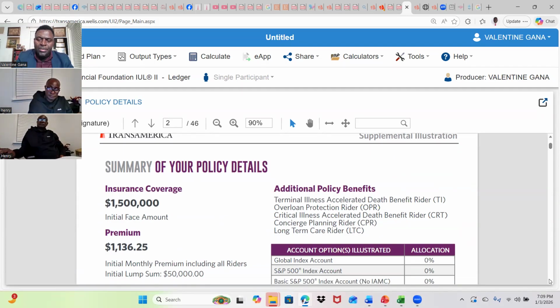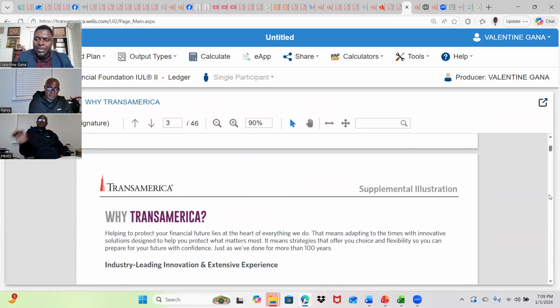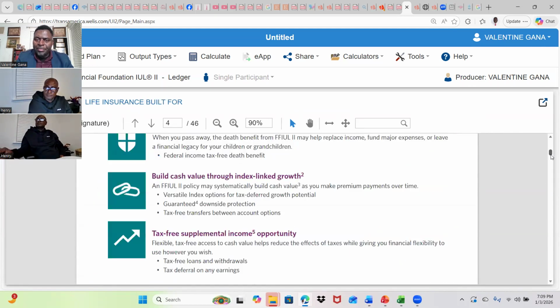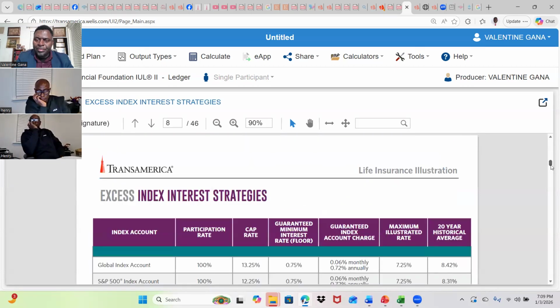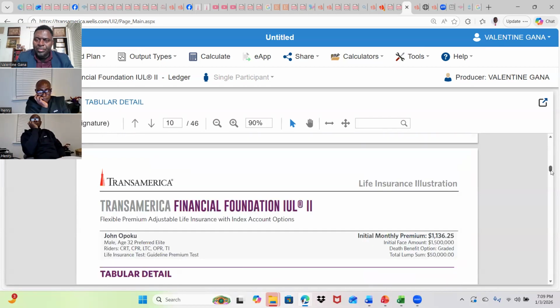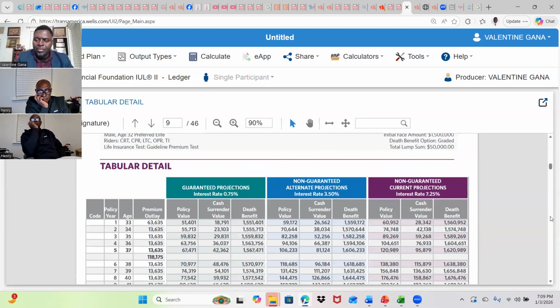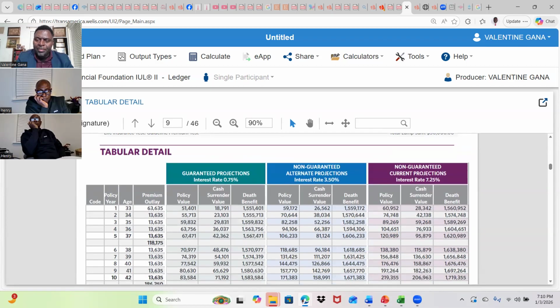If we scroll down, start with year 1 of the policy. Right here, year 1, it's $1.5 million, but from year 1, it begins to accumulate cash. If it was a term policy, it would not accumulate cash. There will be no cash.